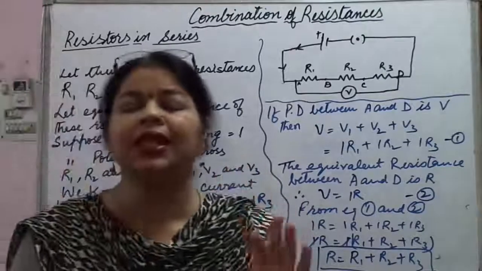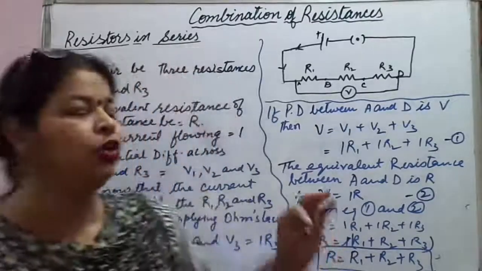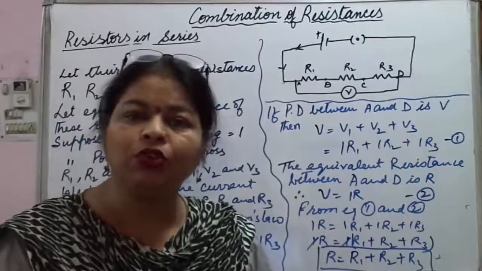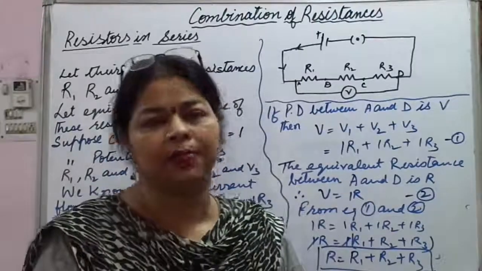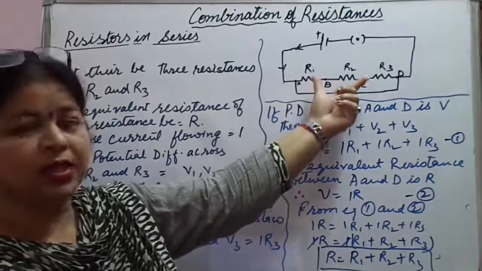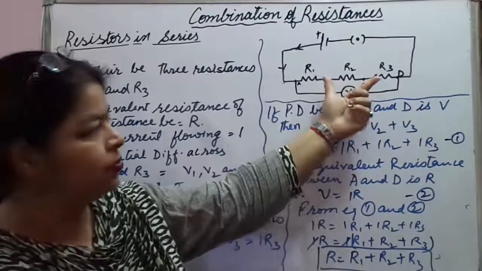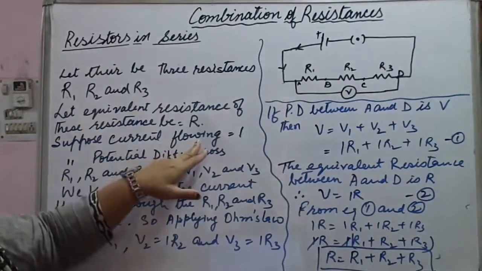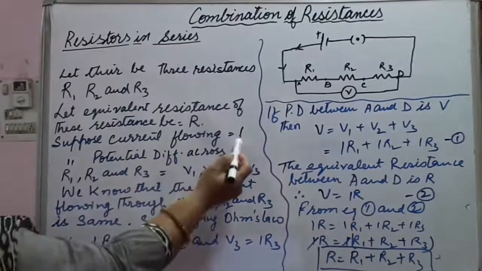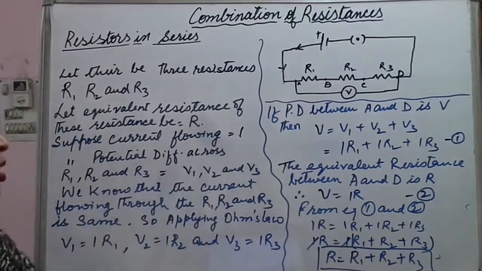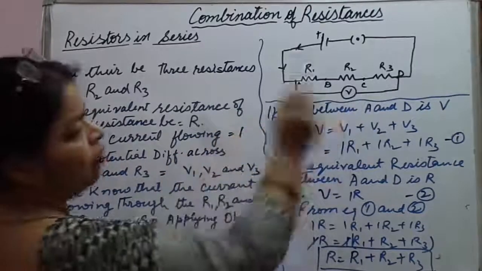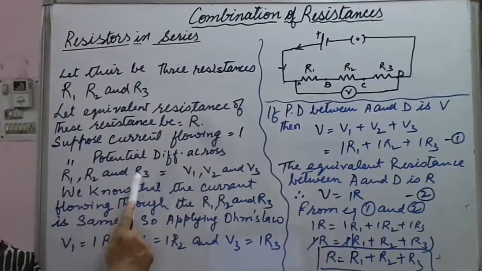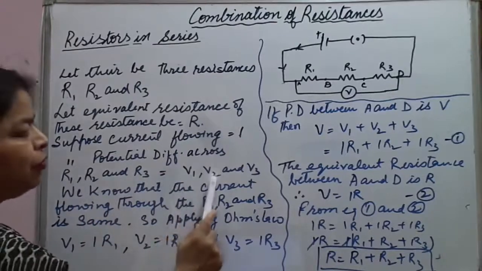Suppose there are three resistances, R1, R2 and R3 respectively. These have been combined and we have to find their equivalent resistance. Let the equivalent resistance of all three be R. Suppose the current flowing through these resistances is I, and we know that the current flowing through all of them is the same. The potential difference across R1, R2 and R3 is V1, V2, V3.